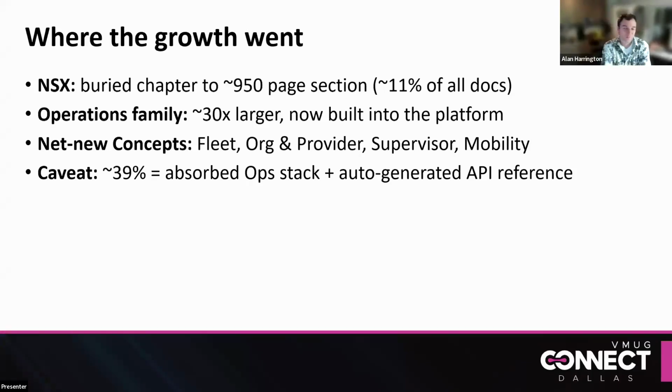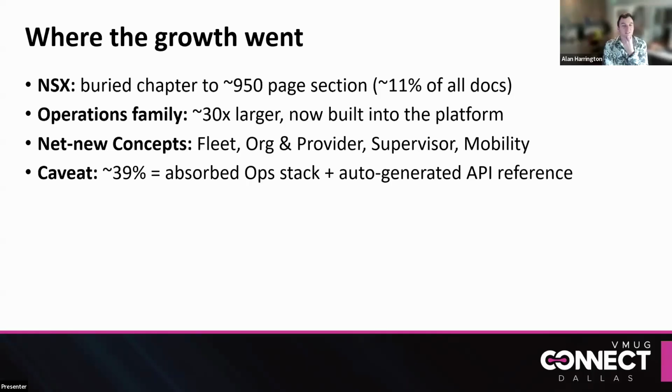With that, and part of my confusion is that NSX is a buried chapter with a 950-page section of VCF 9.1, nearly 1,000 pages. 11% of all the documents is now NSX exclusively. And that is just an outlandish number of documents. The operations family is 30x larger in documentation.